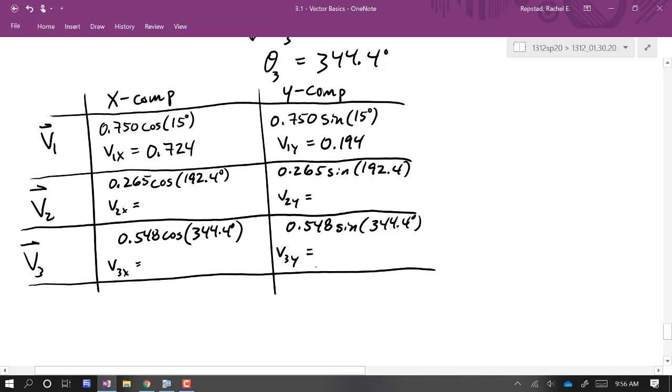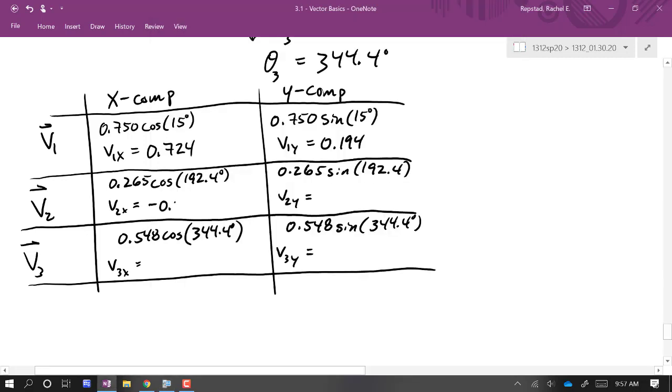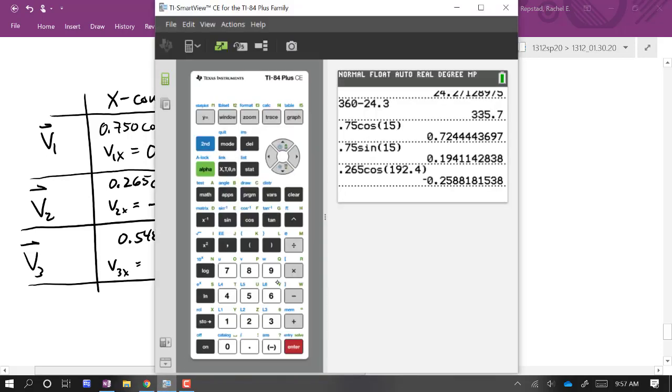And now we'll just bang out these calculations on the calculator. 0.265 cosine 192.4, negative 0.259. And for sine, the y component, negative 0.0569.